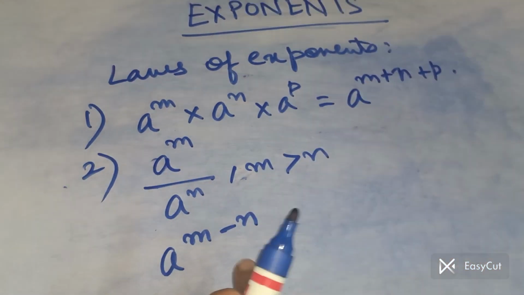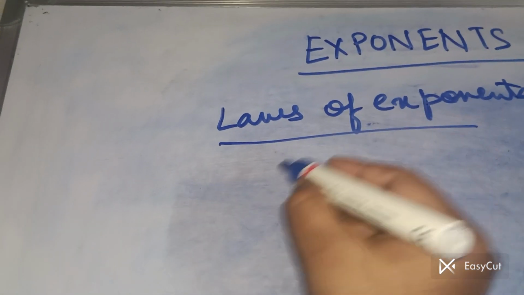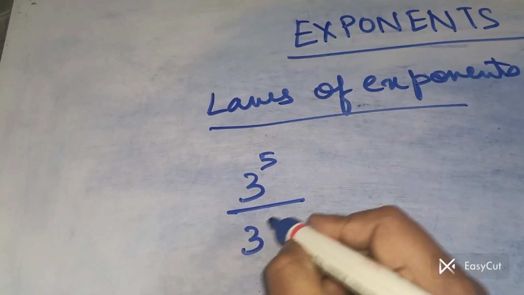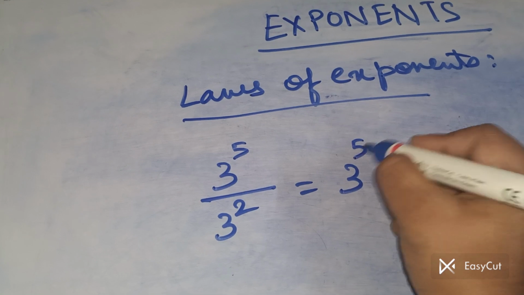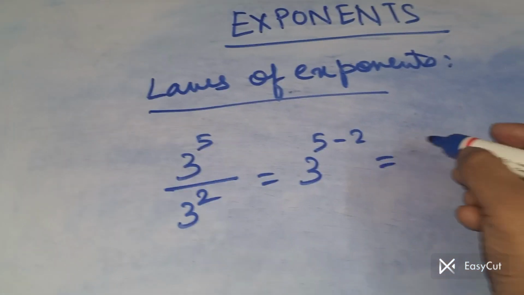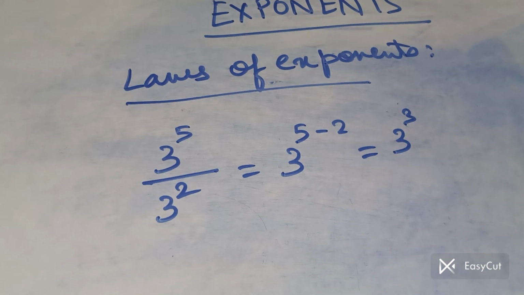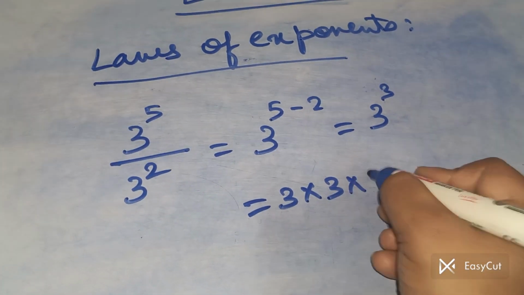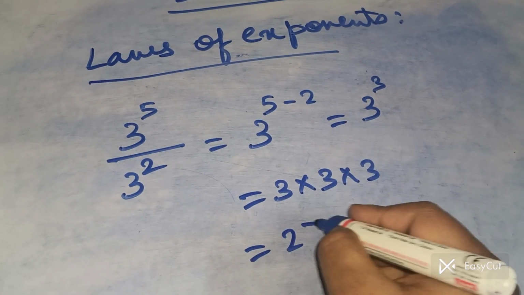When we are dividing, we subtract the powers. Say for example, 3 to the power 5 by 3 to the power 2. We write it as 3 to the power 5 minus 2, that is 3 to the power 3. We find the answer like this: 3 multiplied 3 times, 27.